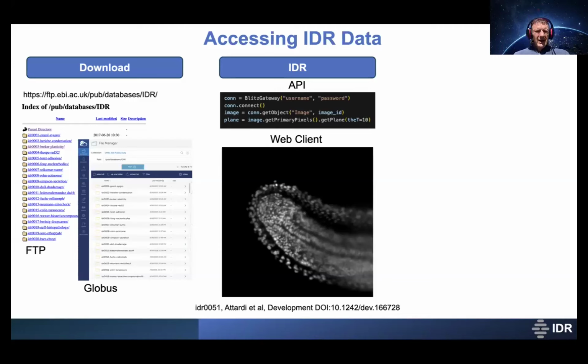In that case, accessing the data via the web API is much more practical, because you can download only the pixels you are interested in.